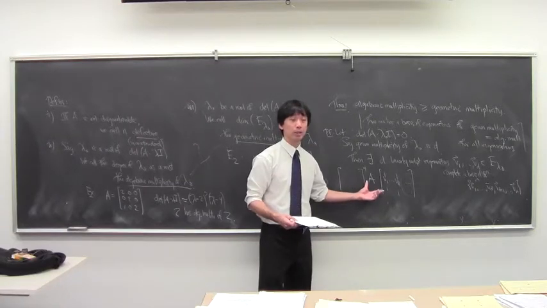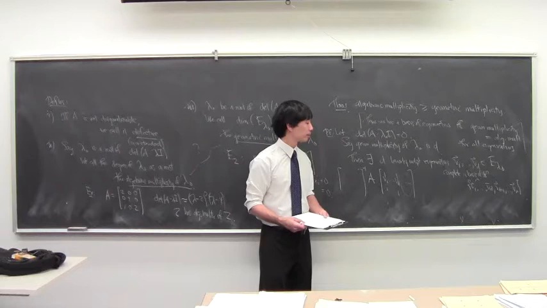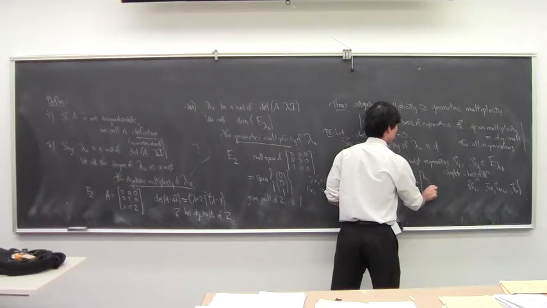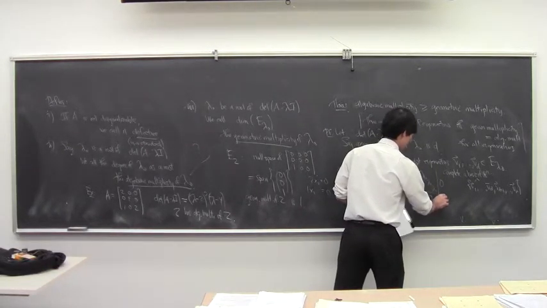Then conjugate using that matrix. And what you get is going to be lambda naught times the identity of size d, and then some stuff down here.